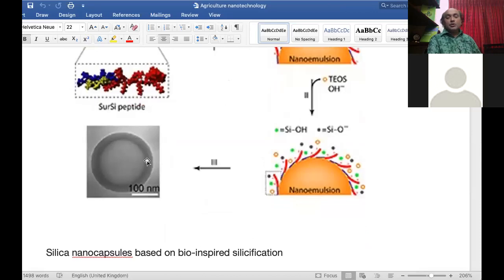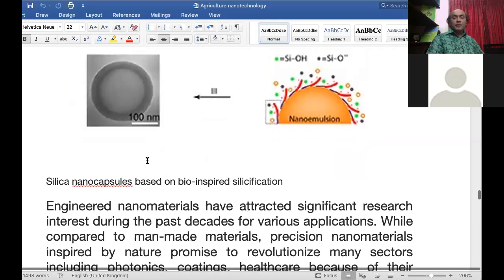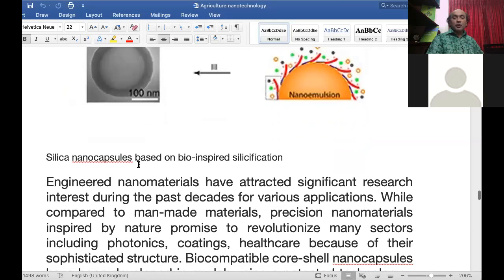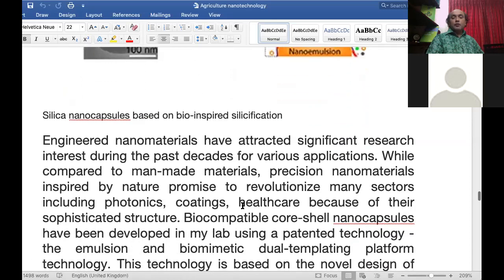And then its storability can be increased, and you can make biosensor by using this type of technology, and you can use it for making slow releasing fertilizer and other things, or important drug for targeting the organism specific pathogen or a specific target. Engineered nanomaterials have attracted significant research interest during the past decades for various applications.